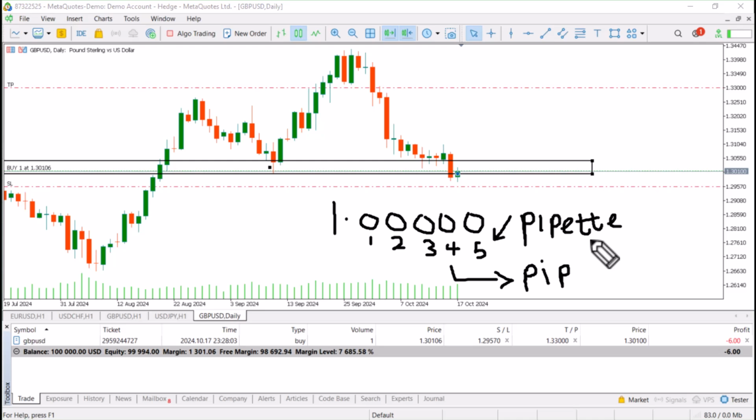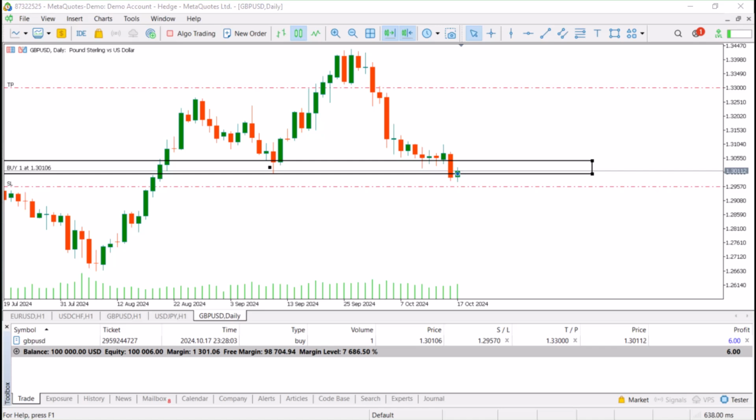The pipette is the smallest unit of a pip. 10 pipettes equal 1 pip. Now we do not need this pipette. Some brokers will give you 5 decimal places, while some will give you 4. So we need just 4. If your broker gives you 5 decimal places, whenever you are taking your measurement, you always ignore one figure of the decimal places.